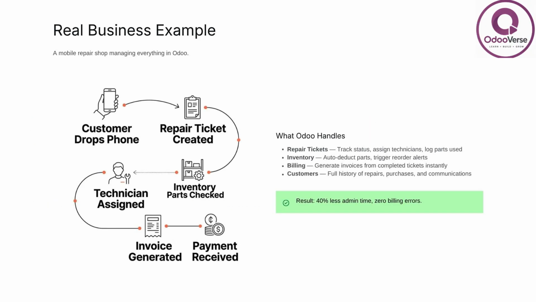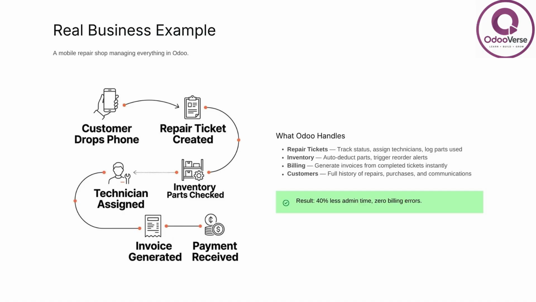Now, let's understand Odoo with a real business example. Imagine a mobile repair shop. When a customer drops a phone for repair, a repair ticket is created inside Odoo. Then the system checks inventory and verifies whether spare parts are available. A technician is assigned for the repair process. After the repair is completed, the invoice is automatically generated.